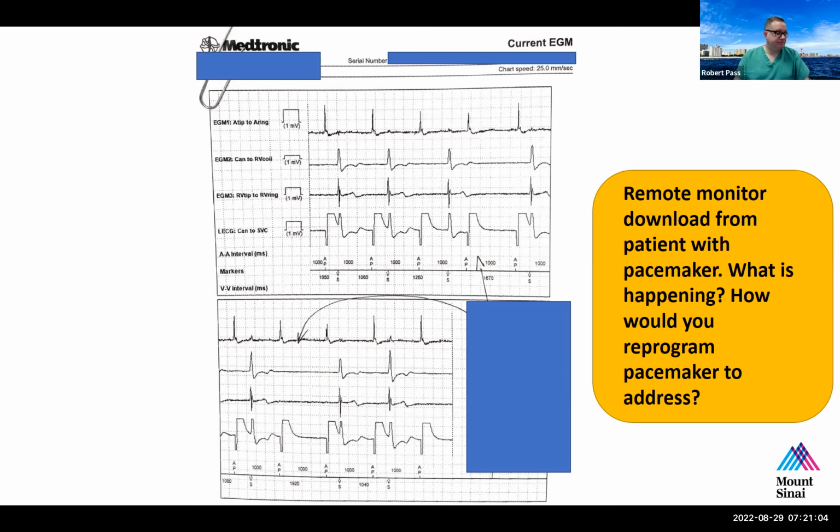Can you think of one? Why would you not want another coil? Trying to think why I would not want another coil. I'm not sure, Dr. Pass. Okay, because it's not obviously intuitive, so I'm not surprised. Does anybody have any thoughts on why having another coil might not be a great idea?